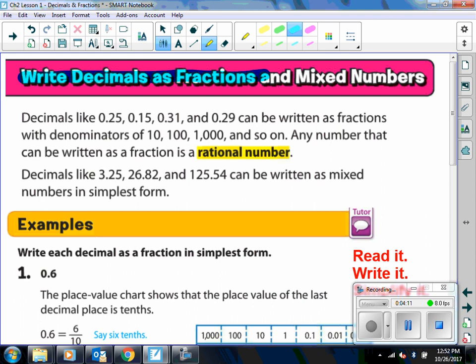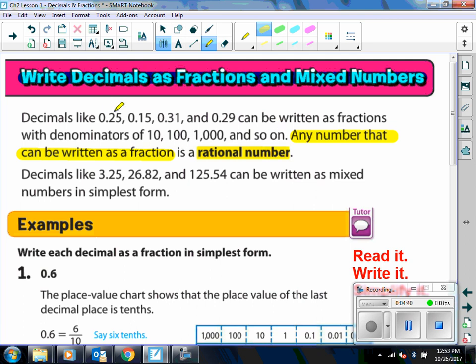So decimals like 0.25, 0.15, 0.31, and 0.29, those can all be written as a fraction with a denominator of one of these. So this is 25 hundredths. So that's 25 over 100. This is 15 hundredths. So that's 15 over 100. 31 over 100. And 29 hundredths is 29 over 100. Is everybody clear with that?